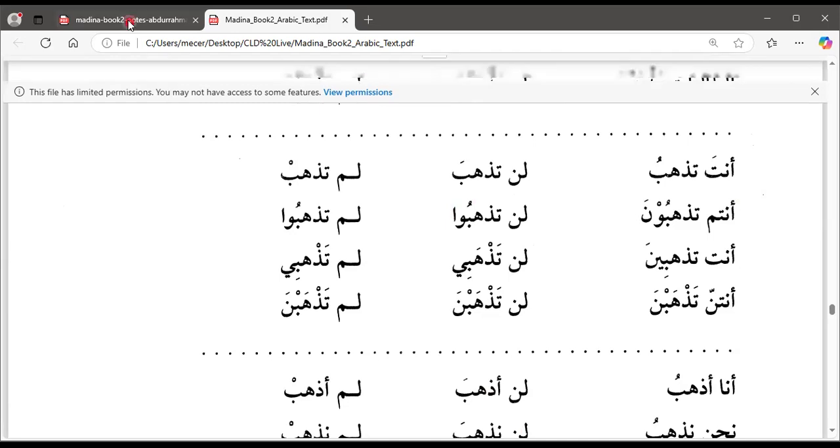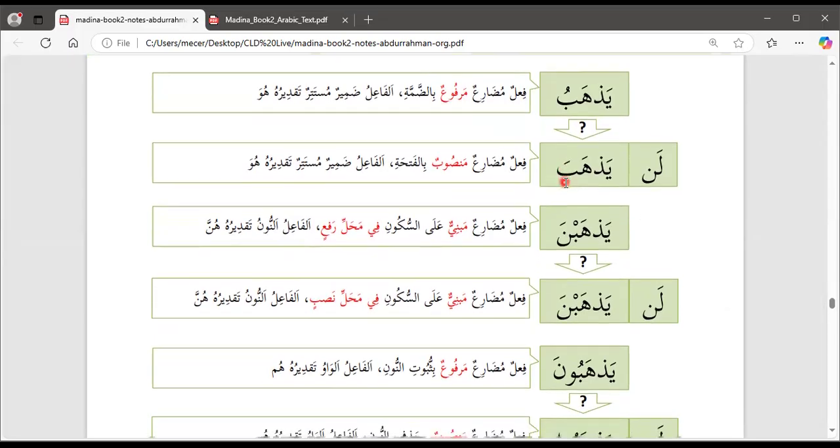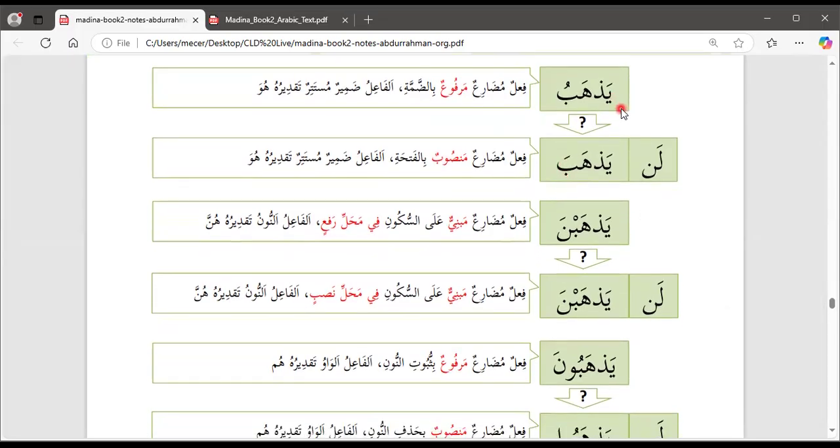If you get time as well, you can have a look here. Whatever we were saying here, we were taking it from this side. So let's just take an example. يذهب فعل مضارع مرفوع بالضمة. Where is the fa'il? ضمير مستتر تقديره هو.